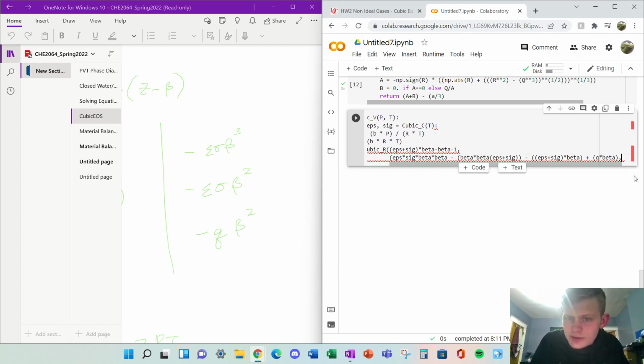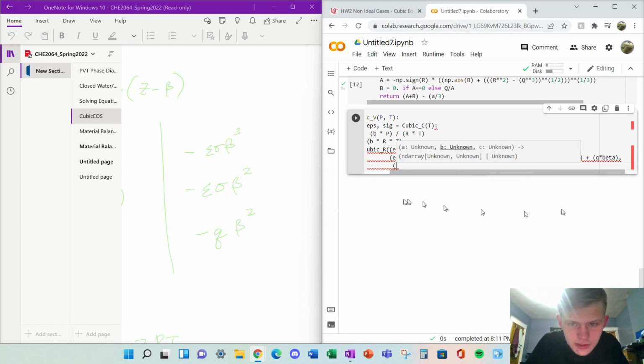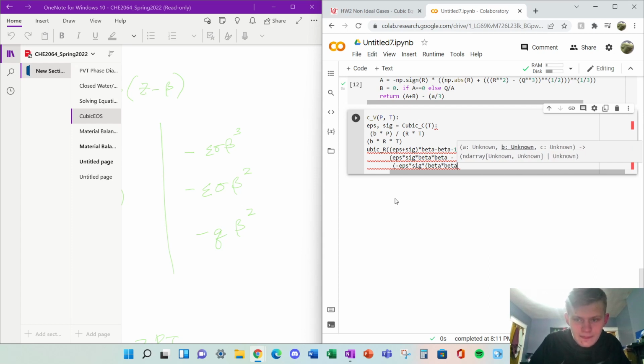so then we can, I'm not sure why it's going wonky on me, so we're just going to do another refresh. And then we'll have our negative epsilon value multiplied by our sigma value times our beta value cubed. So we're just going to do this as such, our beta value cubed.